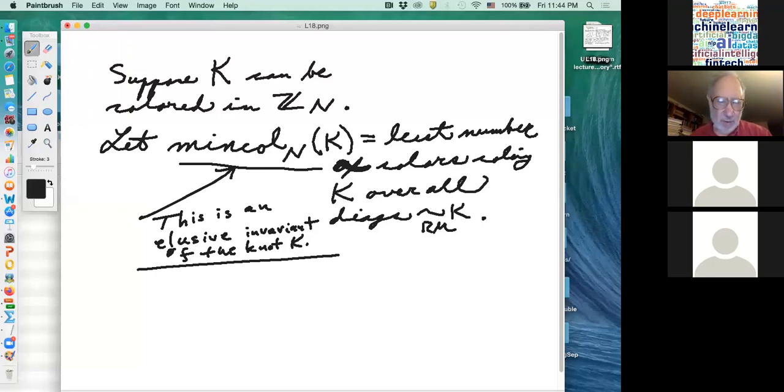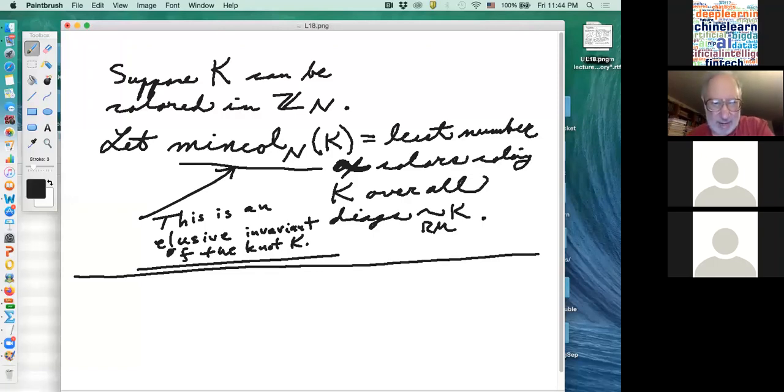I don't know a formula for it. I know how to search, but it's an infinite search. So not obvious what the min color is. We can get some inequalities about it. So that's a research problem using nothing more than what we've constructed so far, and it's quite interesting.